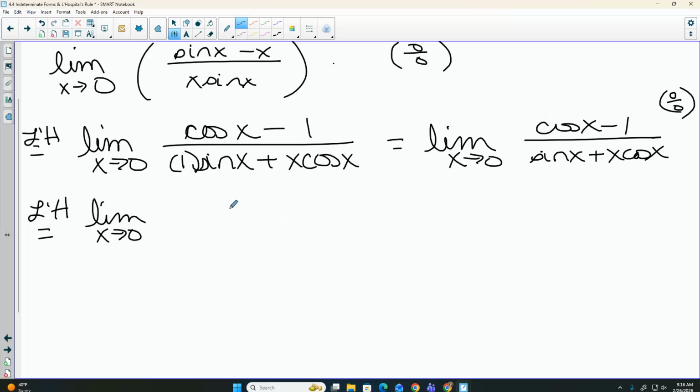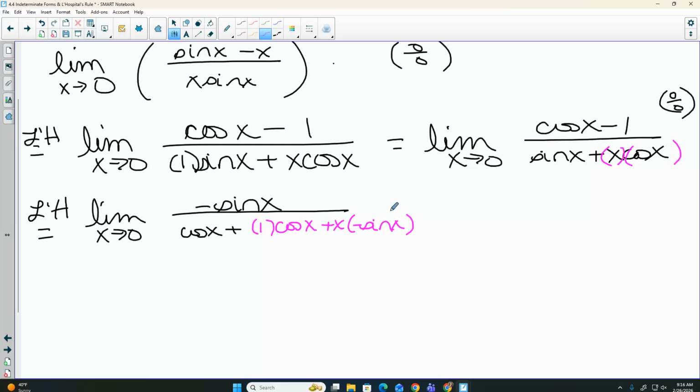So derivative of cosine, negative sine, minus 1, so derivative of 1 is 0. On the bottom, derivative of sine is cosine. Plus, for this we have to do product rule, so derivative of the first times the second plus the first times derivative of the second.